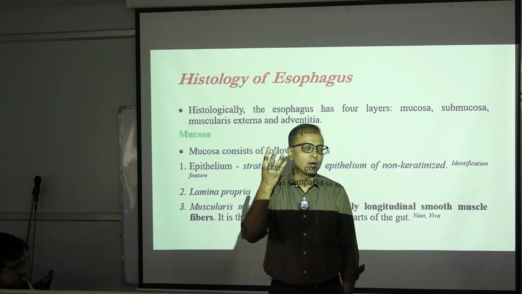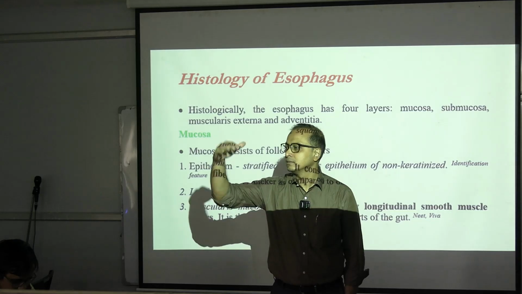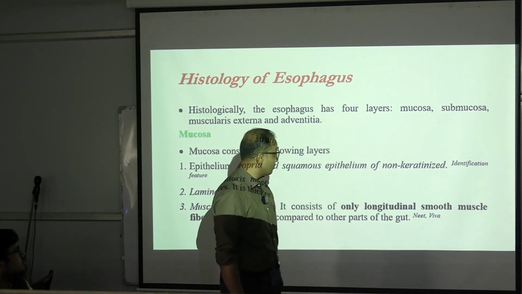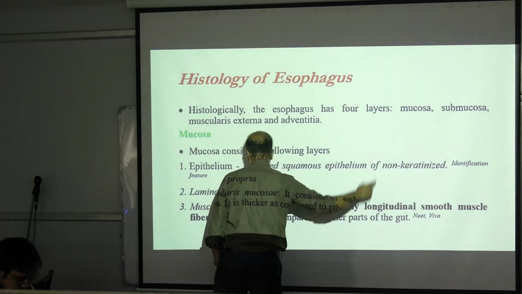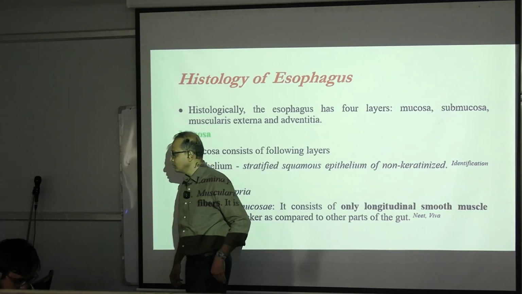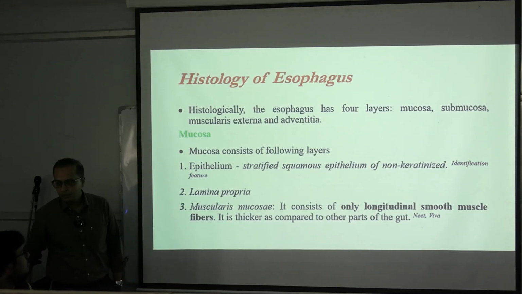Flat cells with popped-up nuclei. So these cells are stacked on each other. So stratified squamous epithelium, non-keratinized. Treat these words like words of a religious book; whatever religion you believe in, you have to remember that. No exceptions. Stratified squamous epithelium, non-keratinized, in a single breath.